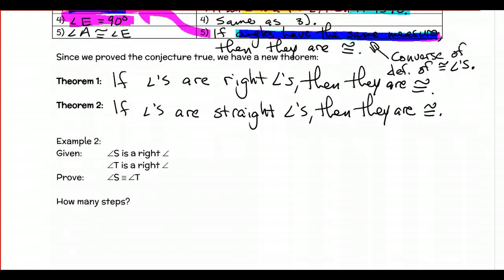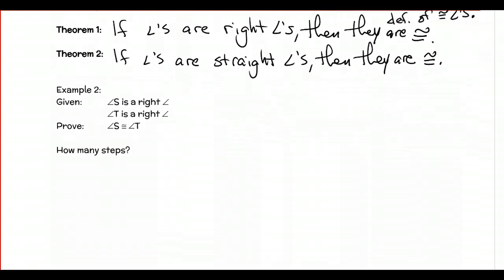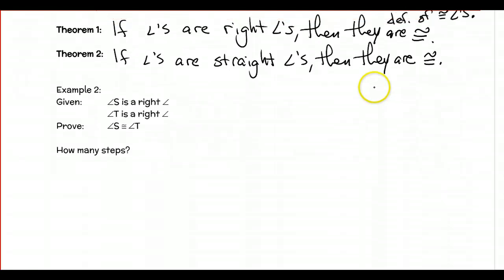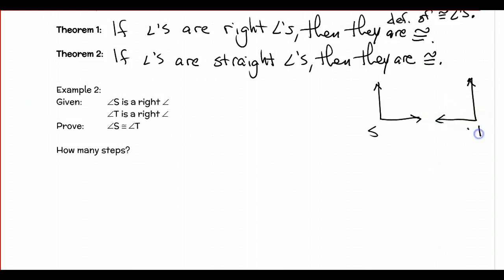So now when we move to example 2, and it says given angle S is a right angle and angle T is a right angle, we don't really need a picture. We could draw one if we want. So here's angle S. We could draw angle T like this. Okay, and we want to see how many steps this would be.